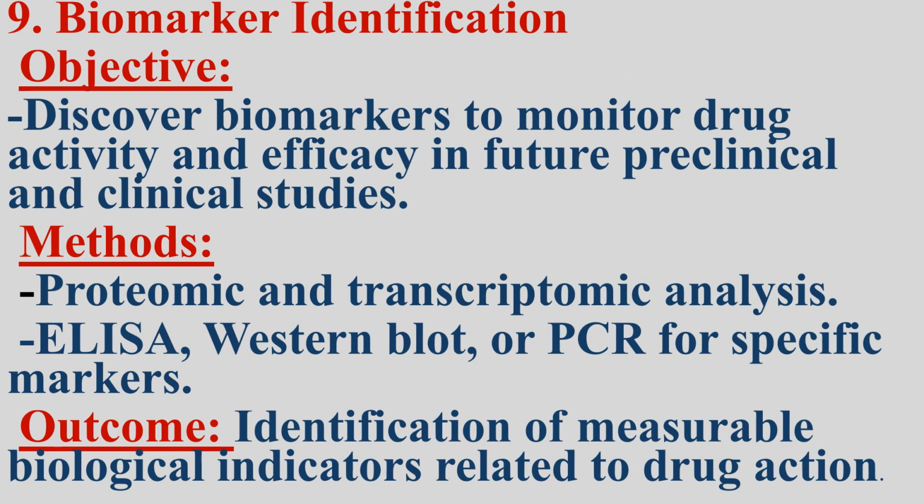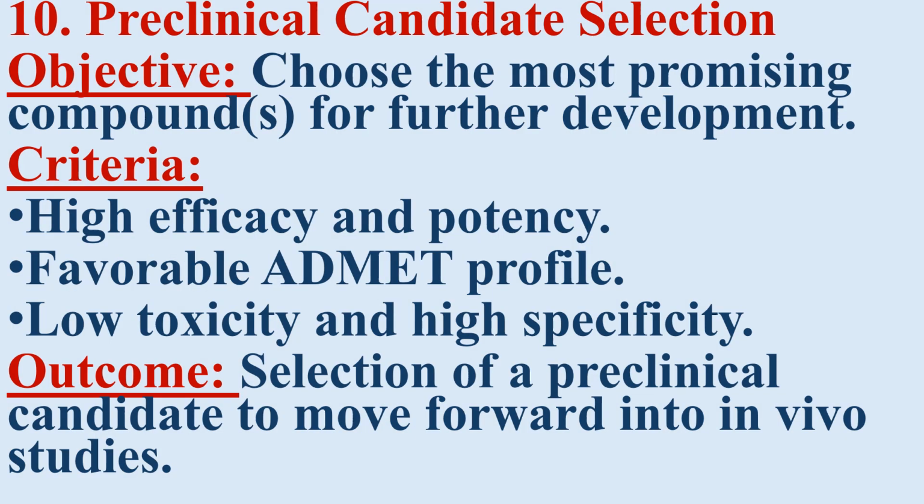For biomarker identification, methods used are proteomic and transcriptomic analysis, ELISA, Western blot, or PCR for specific markers. Then, preclinical candidate selection criteria: high efficacy, potency, favorable ADMET profile, low toxicity, and high specificity, as I said earlier.